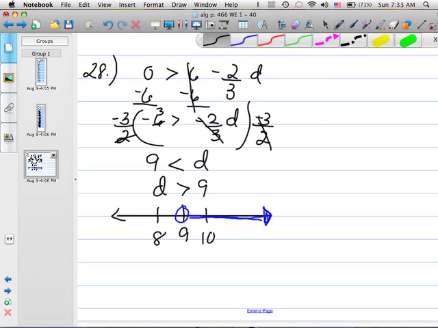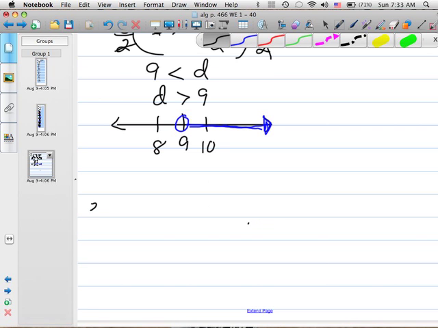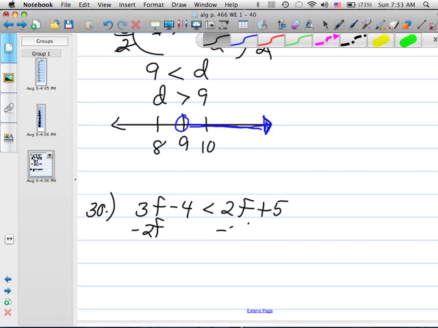Problem number 30. 3f minus 4 is less than 2f plus 5. Get the variables on one side first, so we're going to subtract 2f. Try and keep things positive. So we have f minus 4 is less than 5.